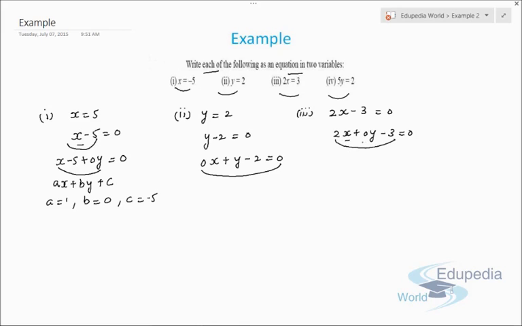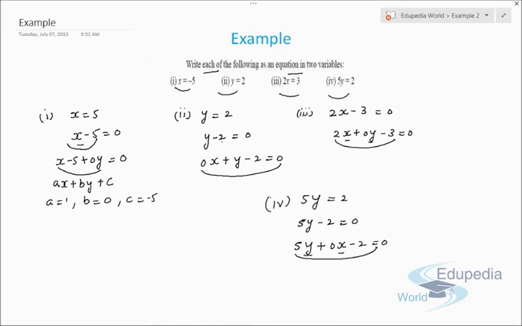We have two variables x and y. Now the fourth question is 5y equals to 2. So this can be written as 5y minus 2 equals to 0, and this further can be written as 5y plus 0x minus 2 equals to 0. So this becomes the equation in two variables. We have two variables, y and x.